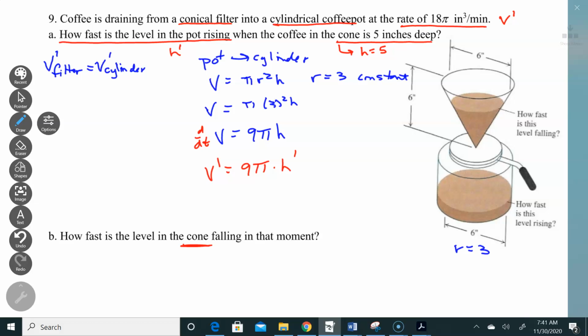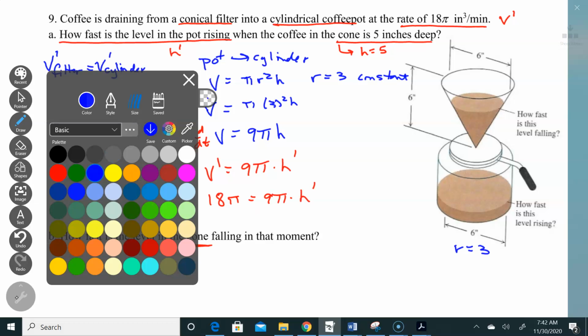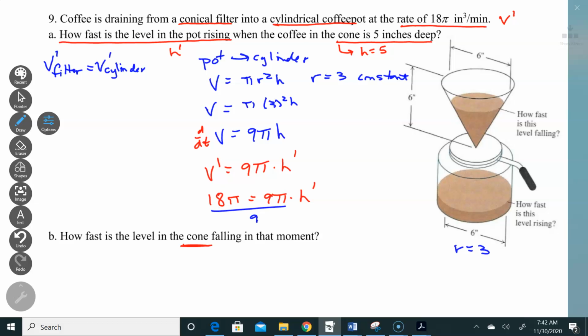I know my V prime is 18 pi, so I could do 18 pi is equal to 9 pi times h prime. I could divide out by 9 pi, and my rate of change of the height in the coffee pot, or my h prime, is equal to 2 inches per minute.